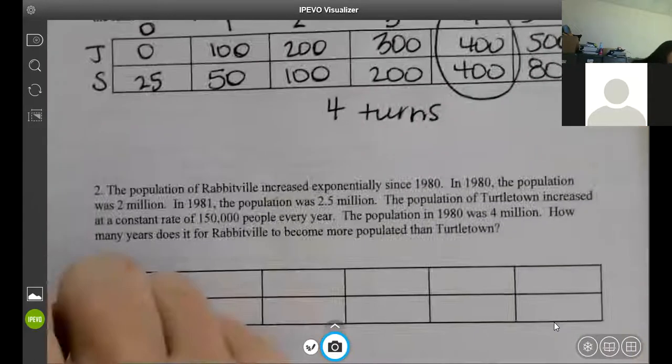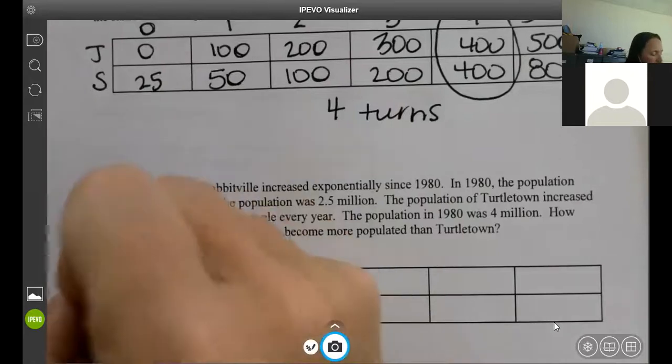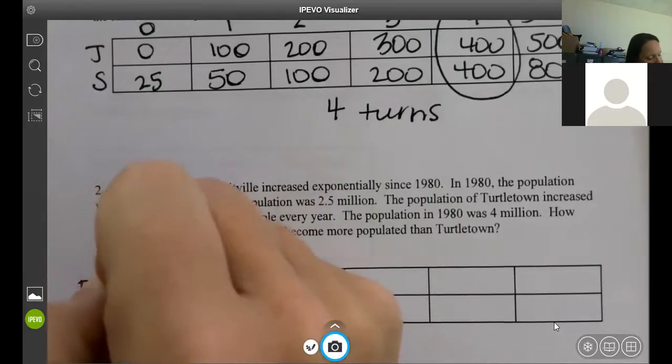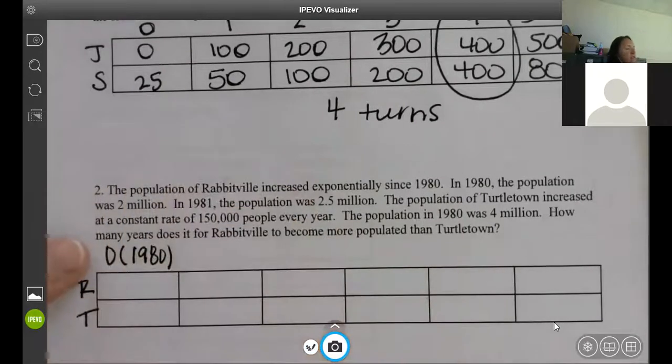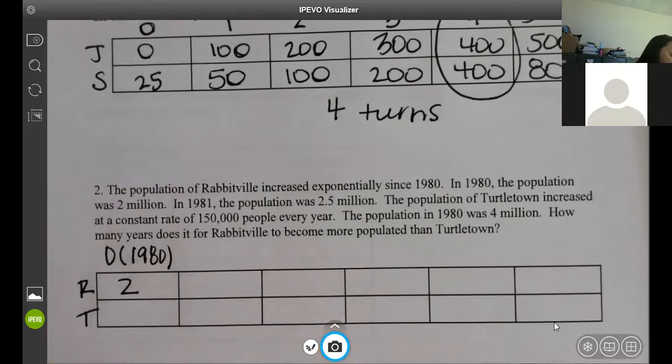So we have Rabbitville and Turtletown. And in 1980, which was the start, so that's a 0, how much did Rabbitville have? 2 million. Turtletown had how much?